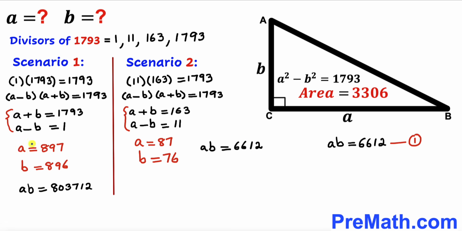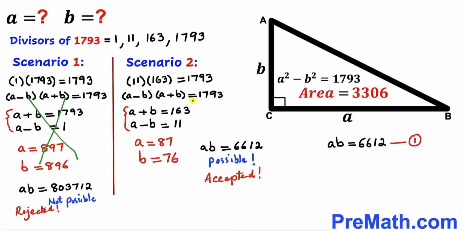In scenario 1, if we multiply a and b, we get 803,712. From equation 1, a times b is supposed to be 6,612. So scenario 2 is possible, however scenario 1 is not possible. Therefore we reject scenario 1 and accept scenario 2.